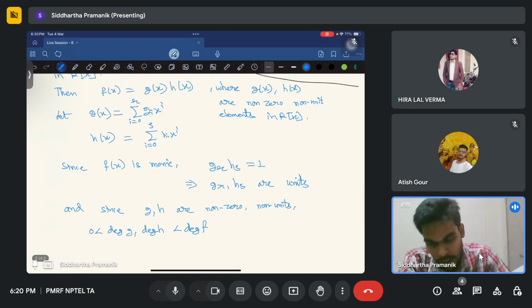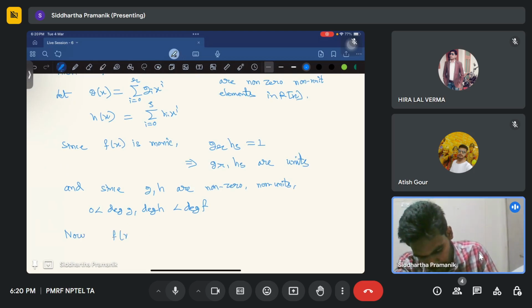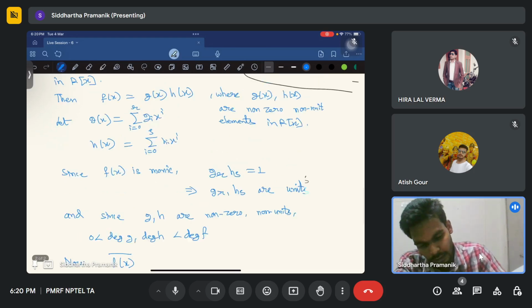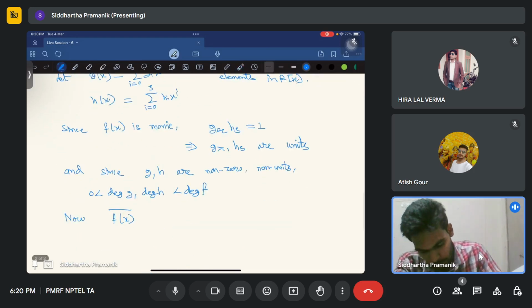Up to this point I think it is clear. Now if you take the image of f(x) in this quotient ring, what do you get?